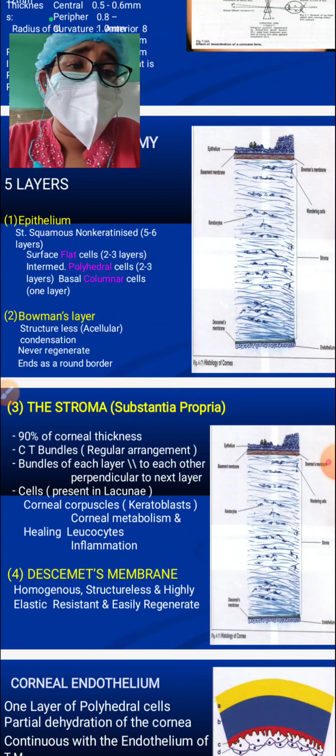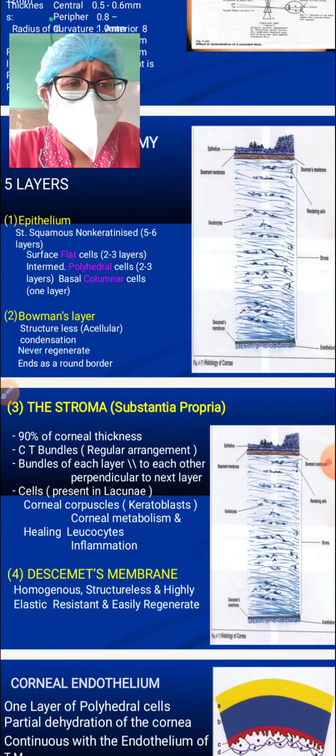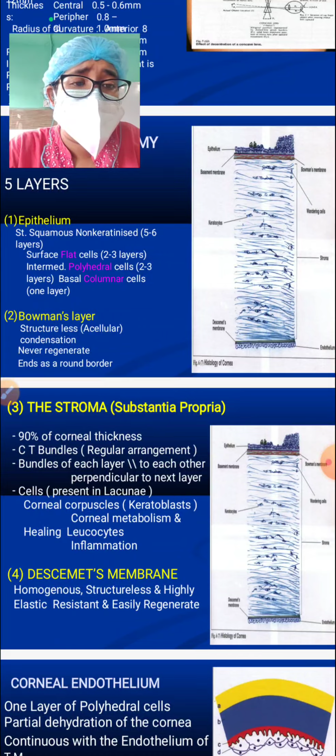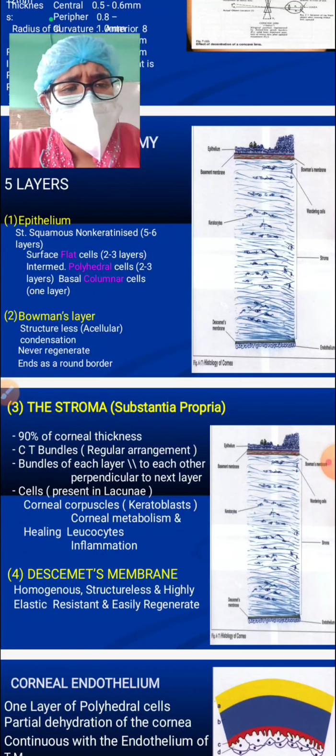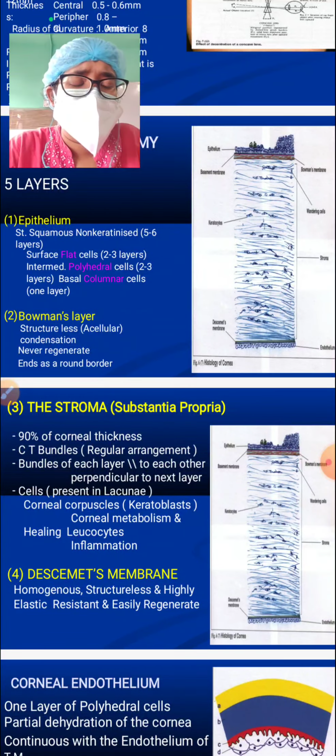The anatomy comprises 5 layers. That is the epithelium first, then the Bowman's layer, then the stroma, then the Descemet's membrane, and then the endothelium. Before the Descemet's, there is another layer that has recently come, the Dua's layer.